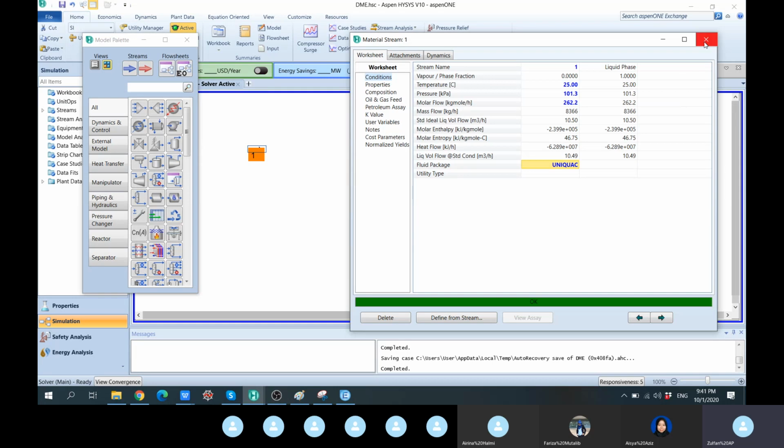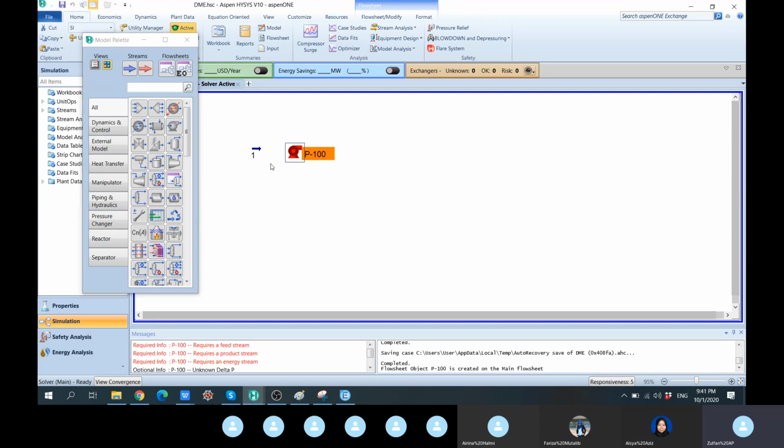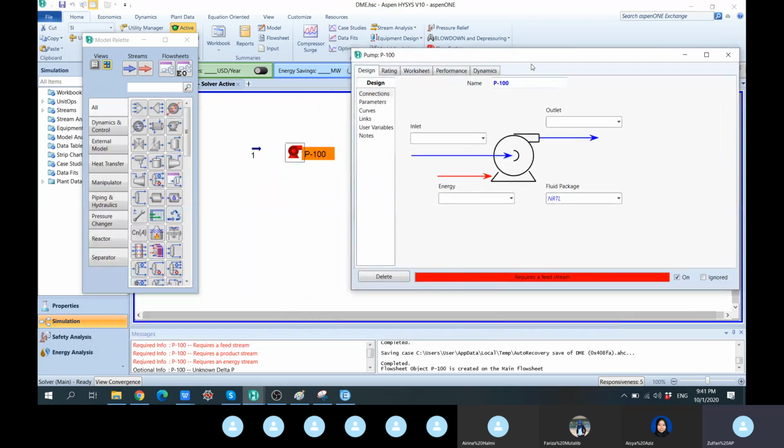So we have specified the feed stream, and then let's put in a pump so that we understand it a little bit. So click and then click again, 2 times, and then you can do one of the connection options. Drop down, and you'll find stream number 1, and the outlet you could put as stream number 2, and it automatically appears here.